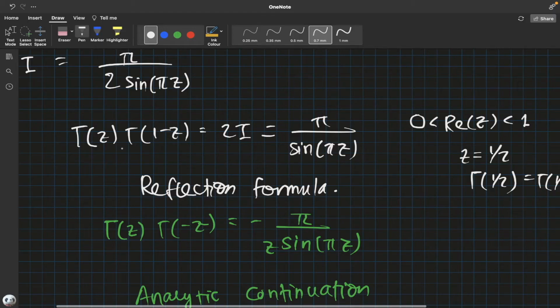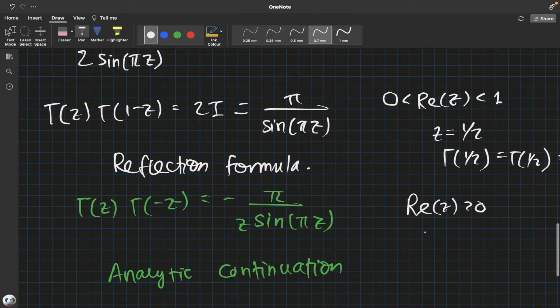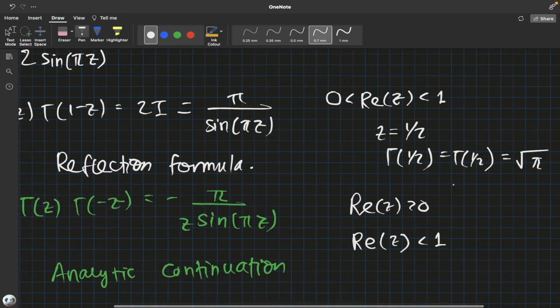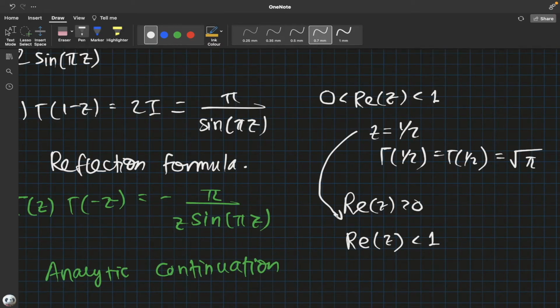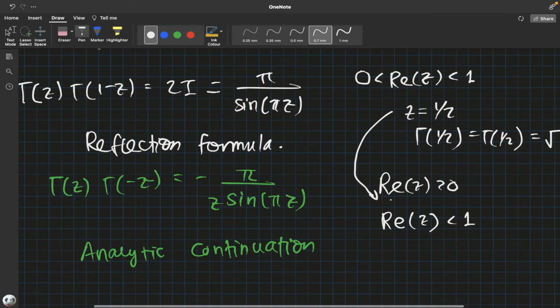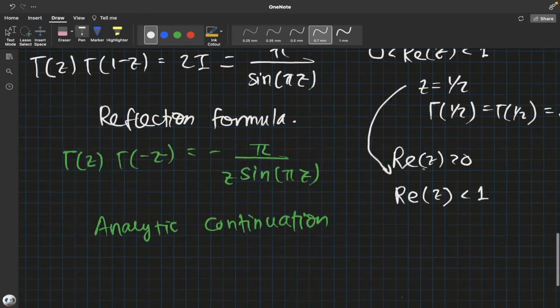The region of convergence of gamma of z is real part of z greater than 0. For gamma of 1 minus z, it is real part of z less than 1. And they have a common value at z equals 1/2. So by analytic continuation, we can extend.